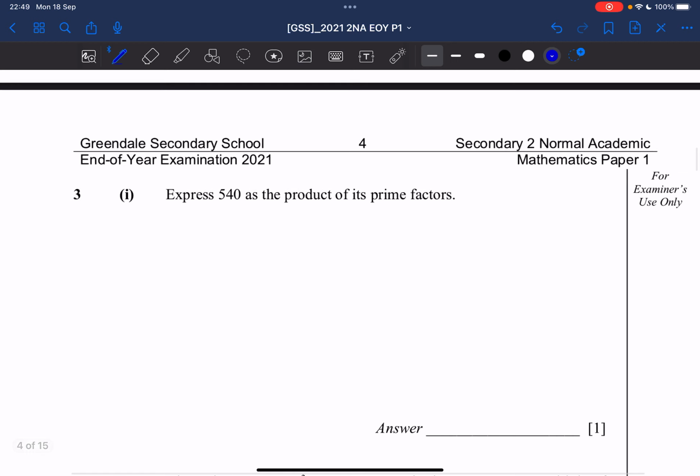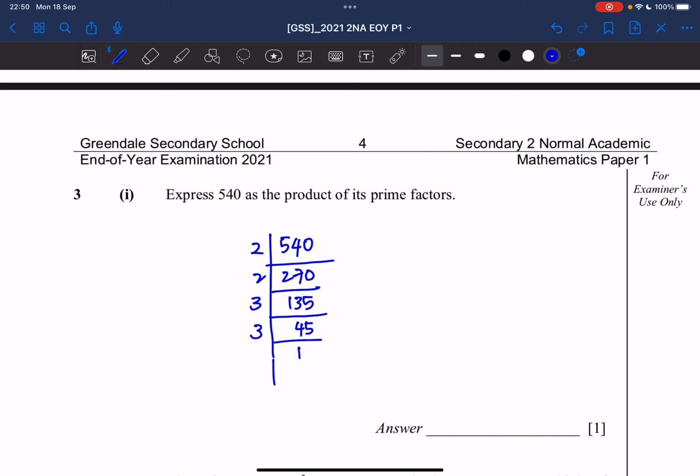Express 540 as a product of its prime factors. So we have 540. So we use the ladder method. 540 divided by 2 is 270. Divided by 2 is 135. Let's check whether 135 can divide by 3. Okay, so divide by 3 is 45. Then divide by 3 is 15. Divide by 3 is 5.